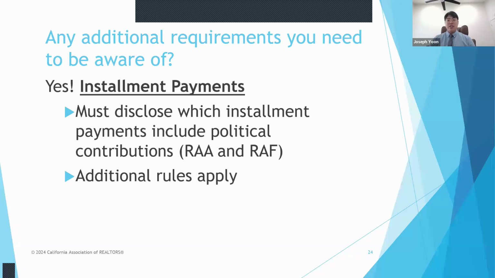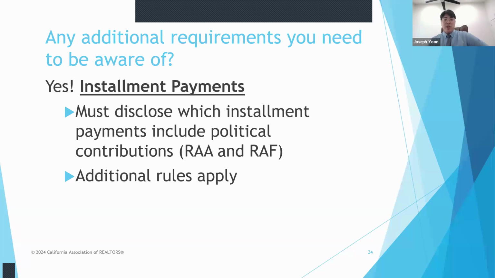Additional requirements you need to be aware of. If your dues bill allows for installment payments, you have to remember to disclose which portion of those installment payments include RAA and RAF. For instance, if political contributions must be deposited into the political action committees, they have to be done in 10 days or 30 days of receipt, depending on the amount, right?